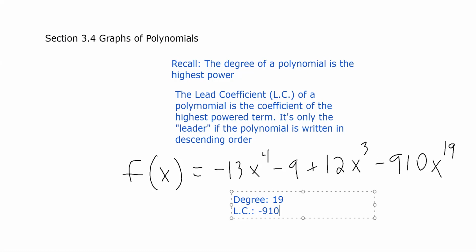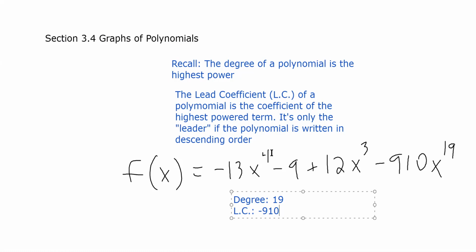Now you might be thinking, okay, I get this point. It's not a particularly difficult point. And maybe I would agree, but sometimes when you're on an exam you've got a lot of things flying at you. You've been maybe a little bit stressed out. Your mind is just kind of going off in a million different directions. You might be tempted to just think of the word lead and think it's got to be the thing that's in front, the leader.